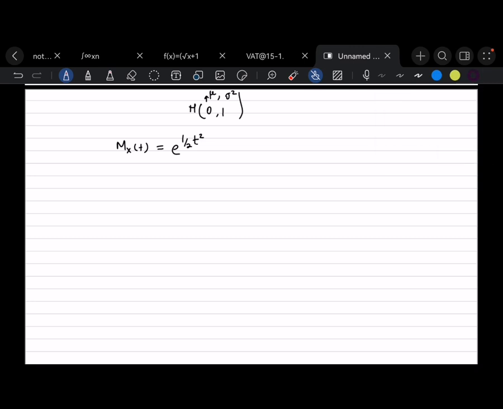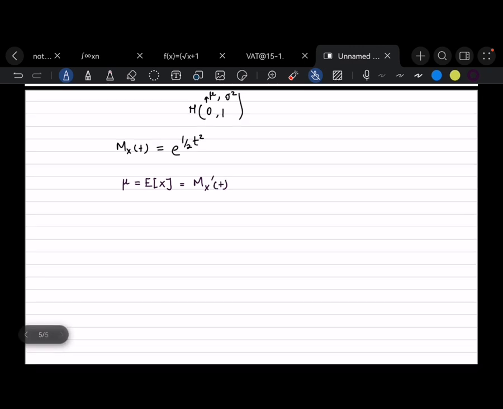You say the mean is equal to the expectation, the first moment, the expectation of x to the power of 1, which is equal to the first derivative of the moment generating function evaluated at t equal to 0.